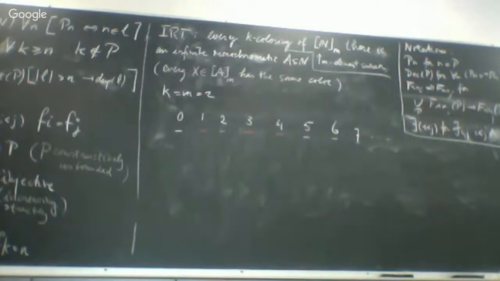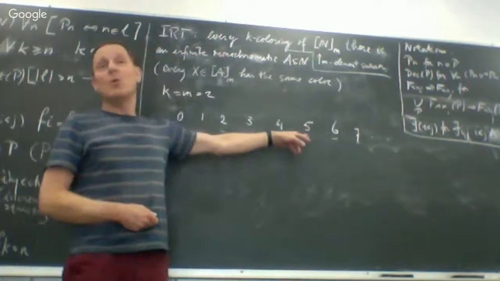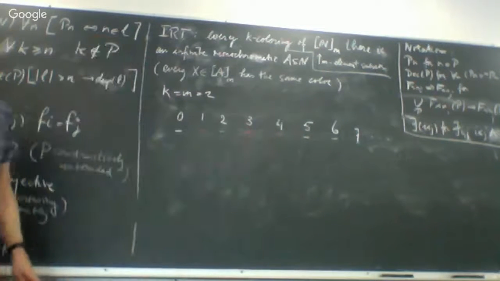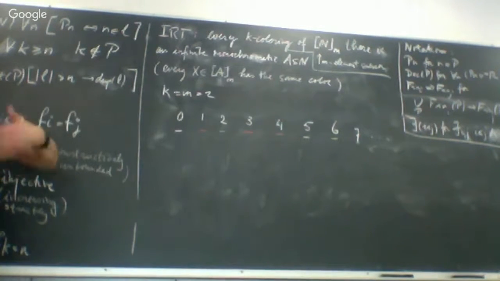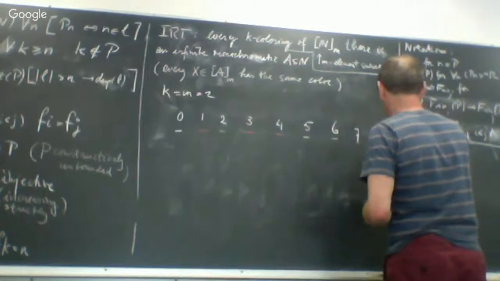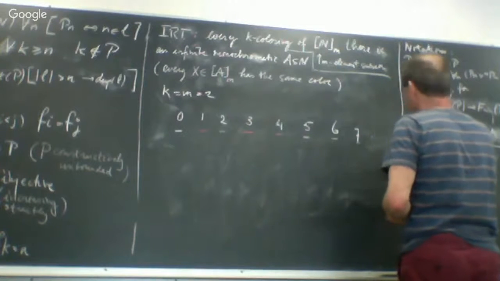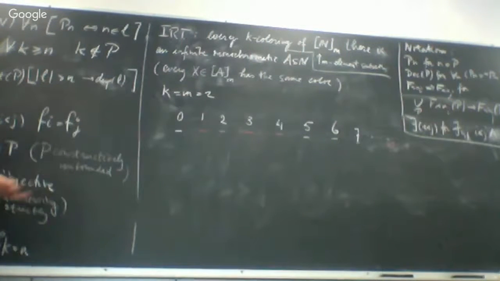Now comes the classical logic: at least one of those colors occurs infinitely often. That is the pigeonhole principle. Let's say it is red, infinitely often red. Classically we know it could be both, and then I have to choose.